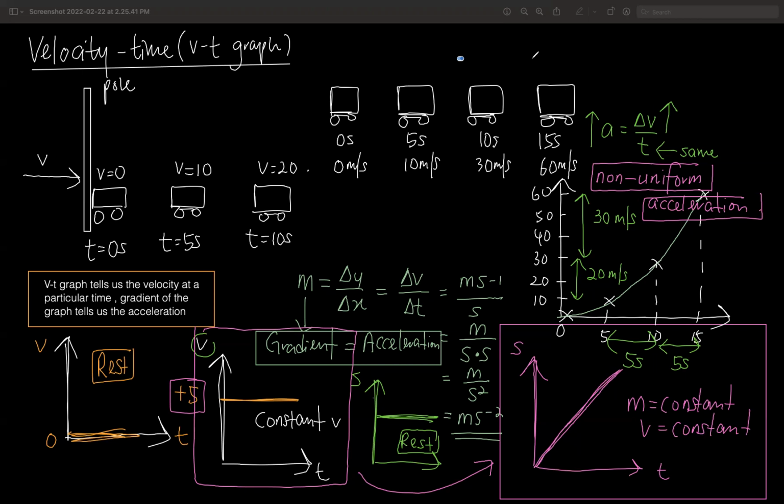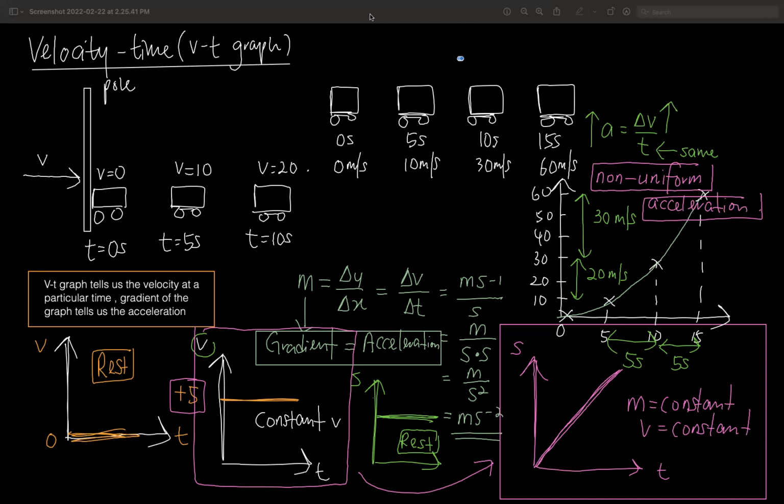Okay, your acceleration is changing. Normally we do constant acceleration. Okay, we do uniform acceleration. This graph, every second the acceleration changes. It gets steeper and steeper. If you look at the gradient from left to right, gradient increases.